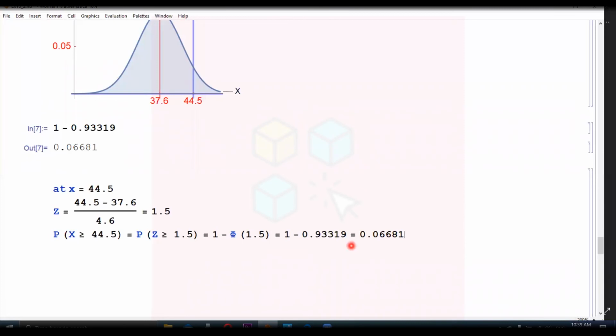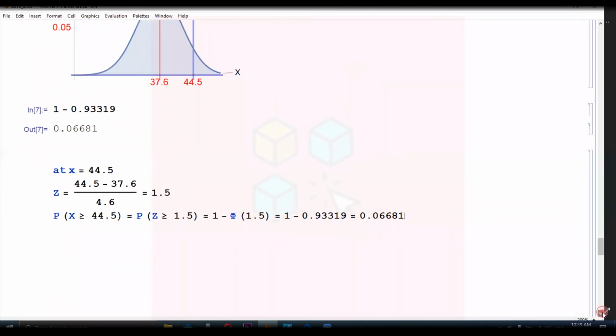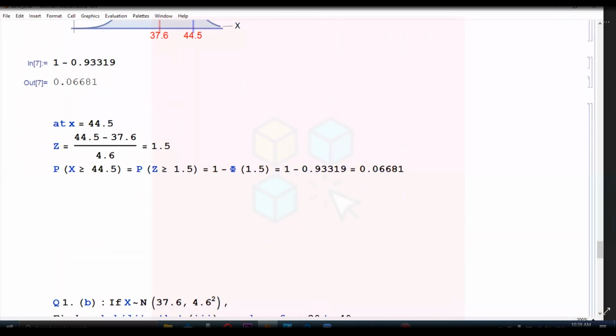Okay, this is the solution of the second part, and the remaining parts we can solve them also. From the book we can observe the answers are 0.06681, and the first one was 0.28604.